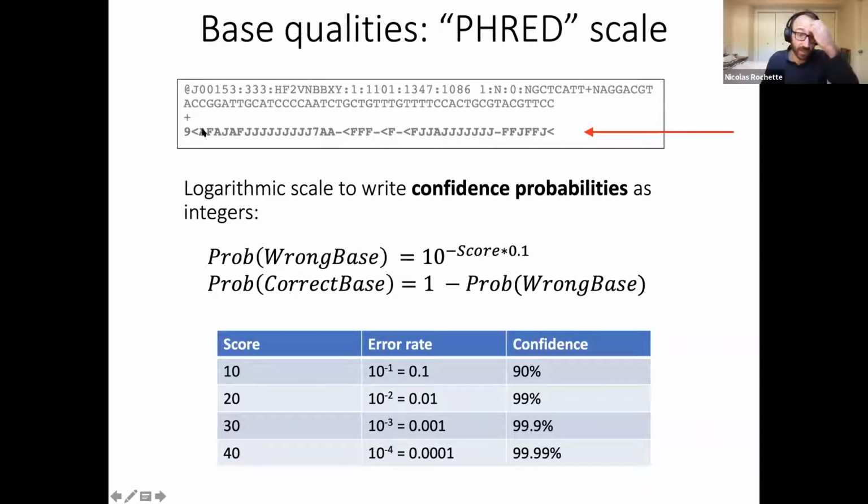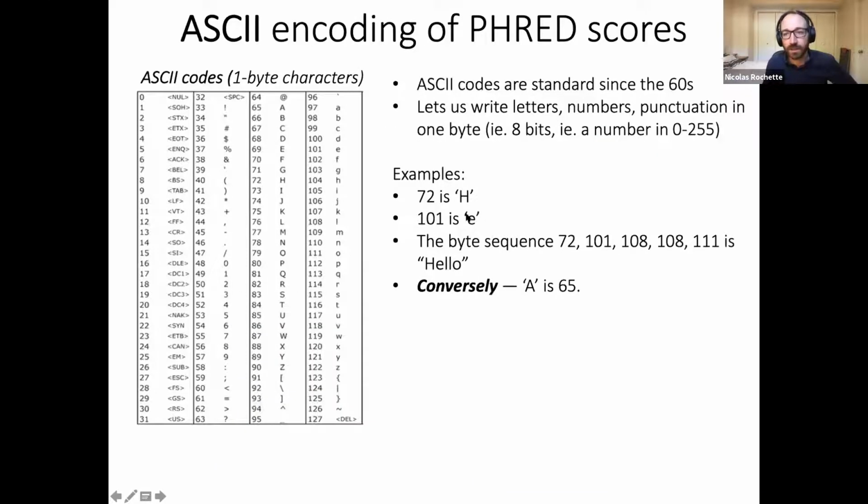And the second thing is that these are not integers between 0 and 40. This is really the meaning of these symbols, but they're not directly integers between 0 and 40. Instead, the way this is done is that it all uses the ASCII encoding table.